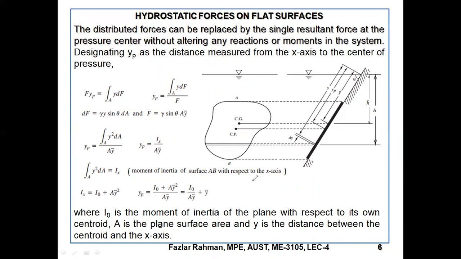So from this equation, we can say that Yp is always greater than Y-CG. That means the center of pressure always works below the center of gravity. So right over here, it's saying I naught is the moment of inertia of the plane with respect to its own centroid. A is the area of the plane surface, and y is the distance between the centroid and the x-axis.